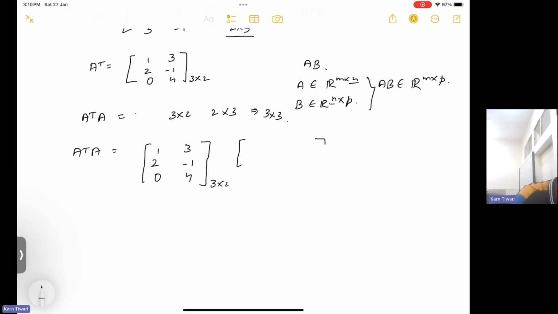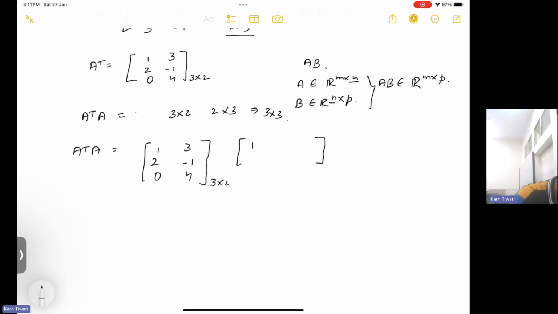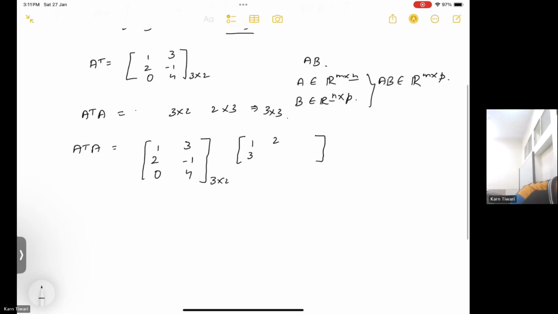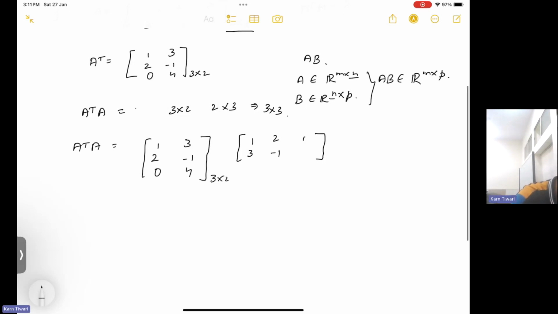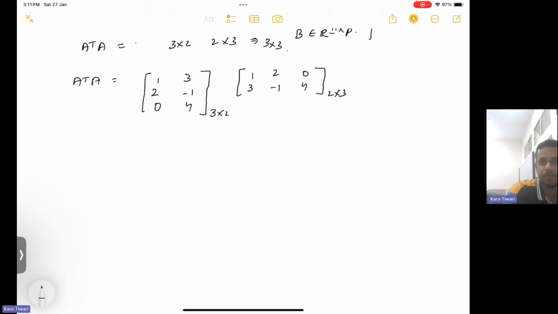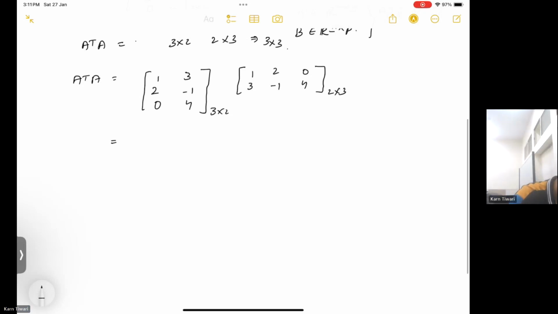The A matrix which we had been given is 1, 3, 2, -1, 0, 4, that is 2 cross 3. Now we need to find the product A transpose A. As you already guessed, it will be of the shape 3 cross 3.